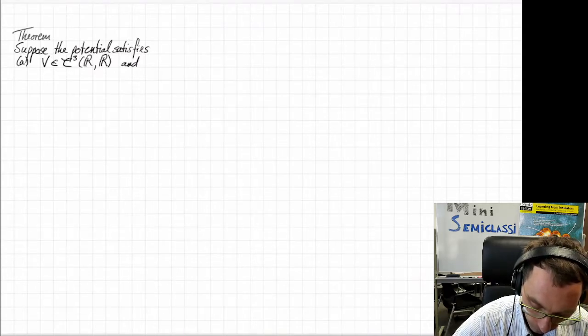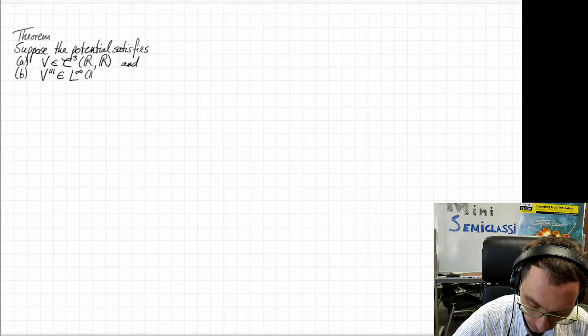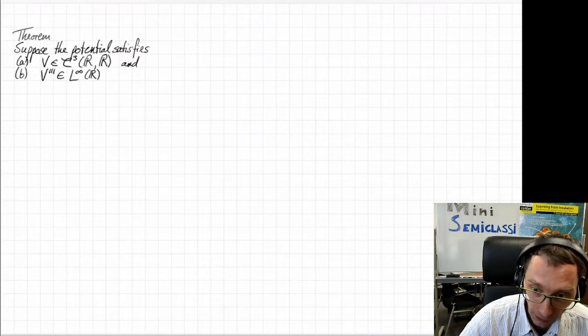And so we also need to control the remainder. So let's assume, in addition, that the third order derivative is a bounded function on R. And that's that.